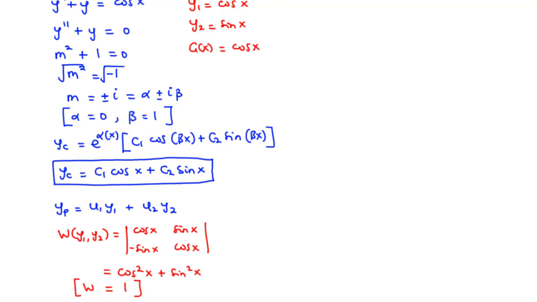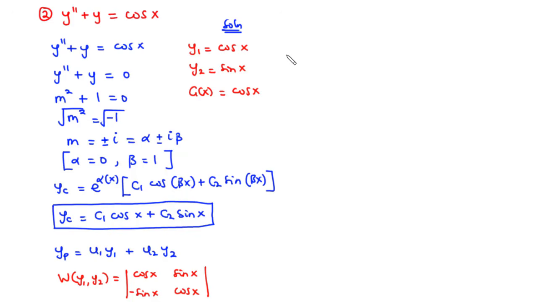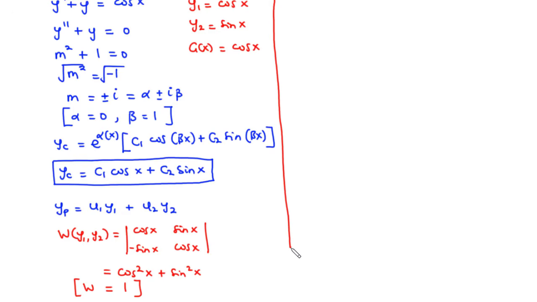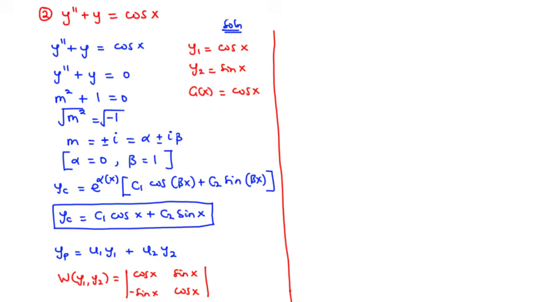Now let's find u1 and then u2. So we have u1 equal to negative the integral of y2 times g of x divided by the wronskian, times dx.